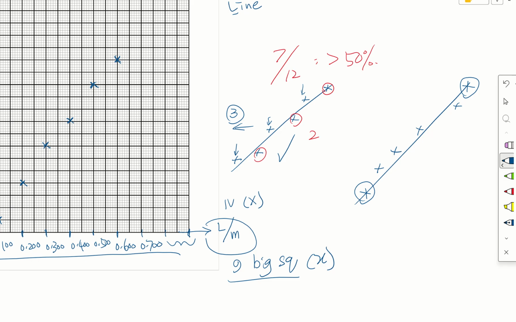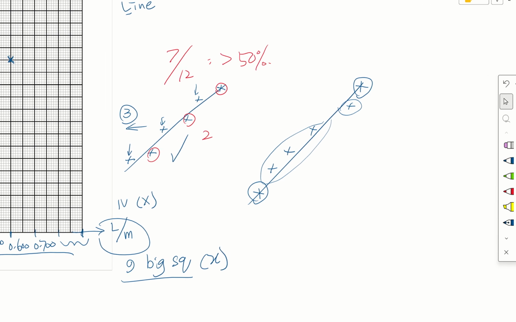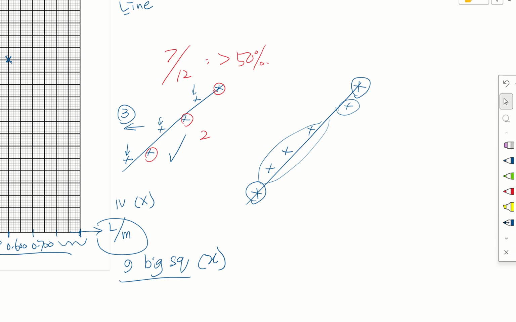But if you think about it, if you just link up the first and the last point, then why is there a need to do the intermediate points? There's no need. But because you're doing an experiment, you need 6 sets of data. Then your idea is to make the best fit line as close to all the points as possible.